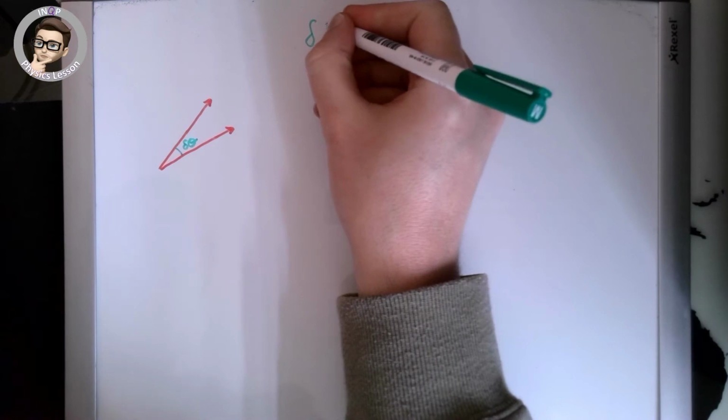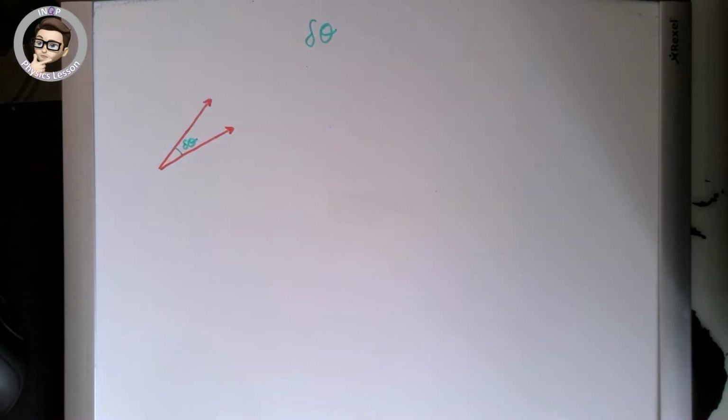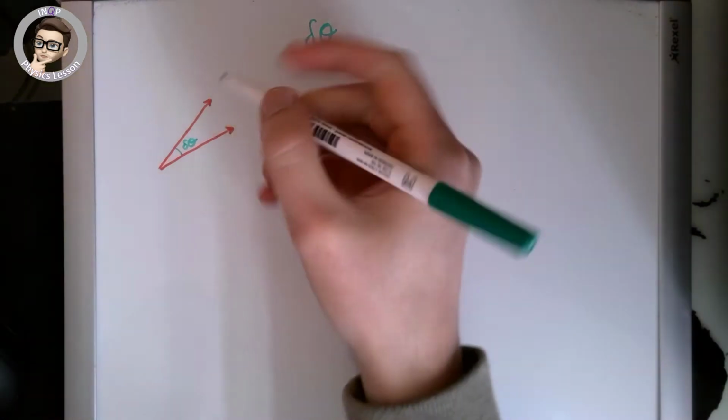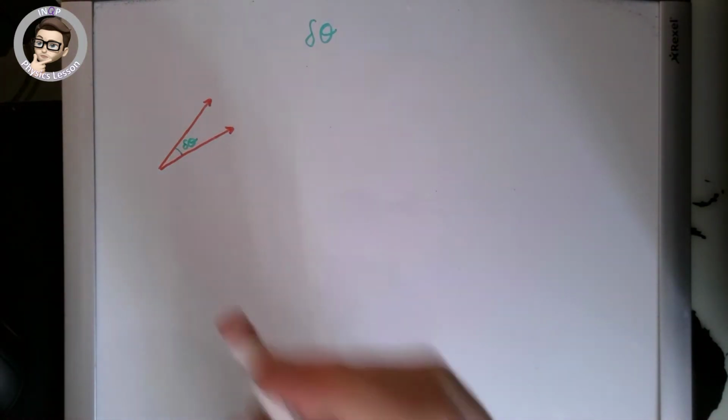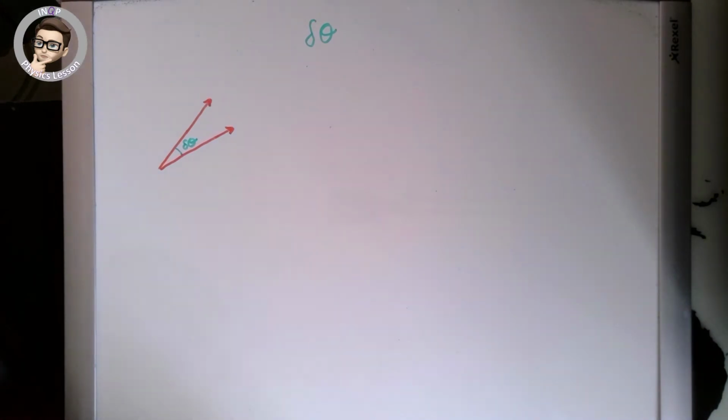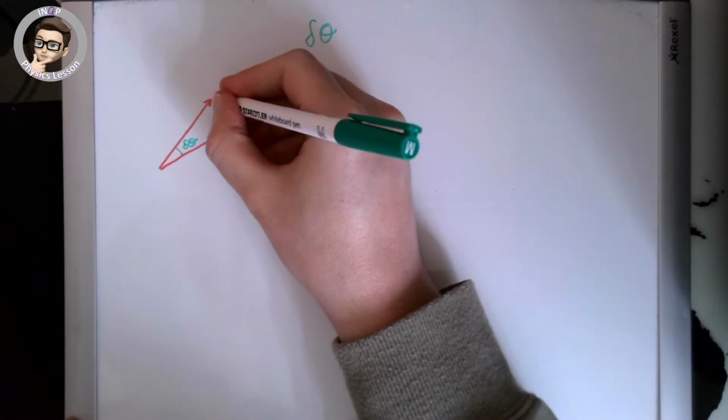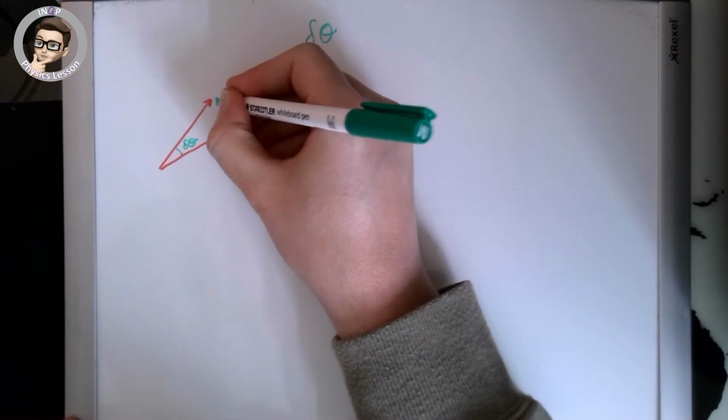So delta and a theta. Okay, a partial differential, if you've come across those in maths, which you probably won't have done quite yet. And so as those velocities link together, we have got our acceleration.